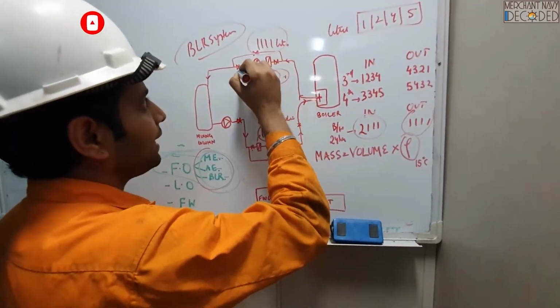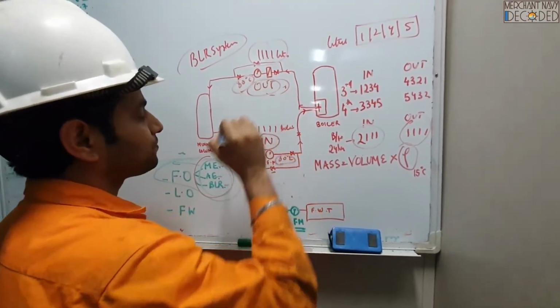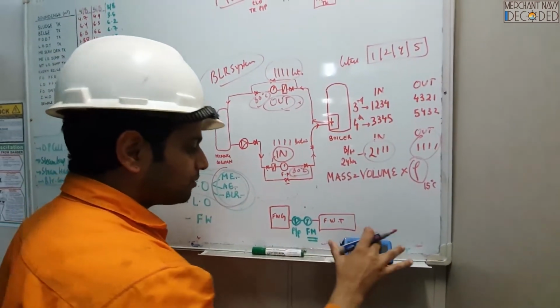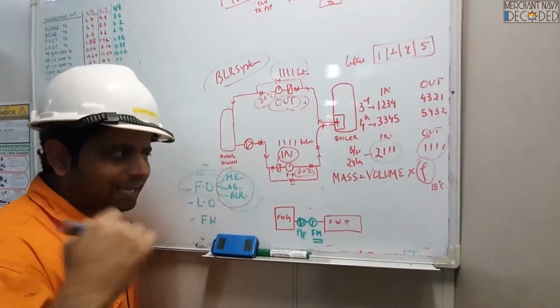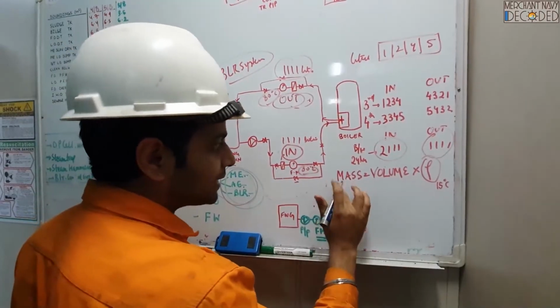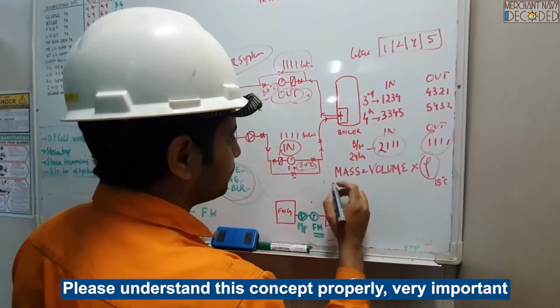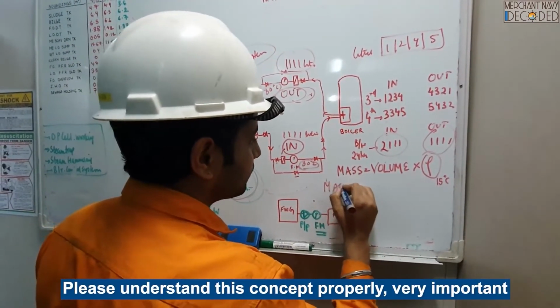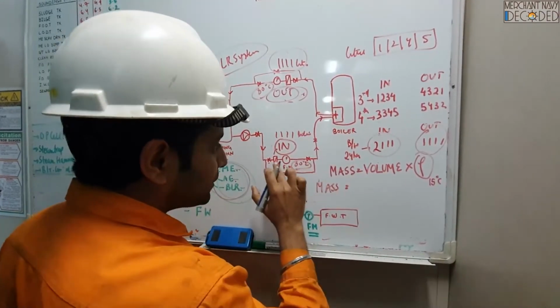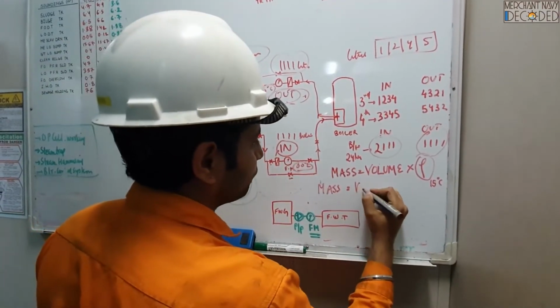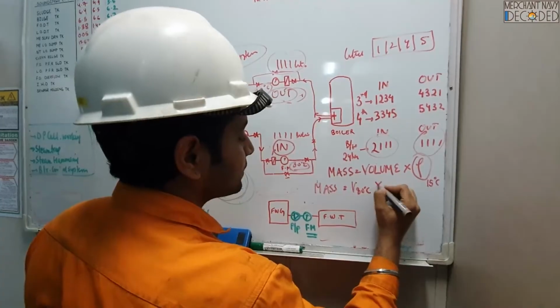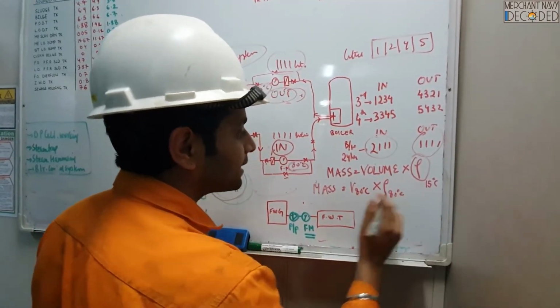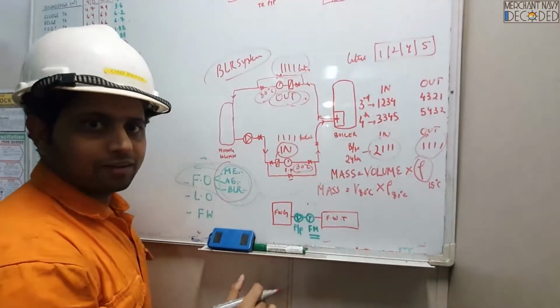So the thing that I should have done to get the exact mass was, if volume is flowing at 80 degree centigrade, then density should also have been at 80 degree centigrade, only then it will match, right?